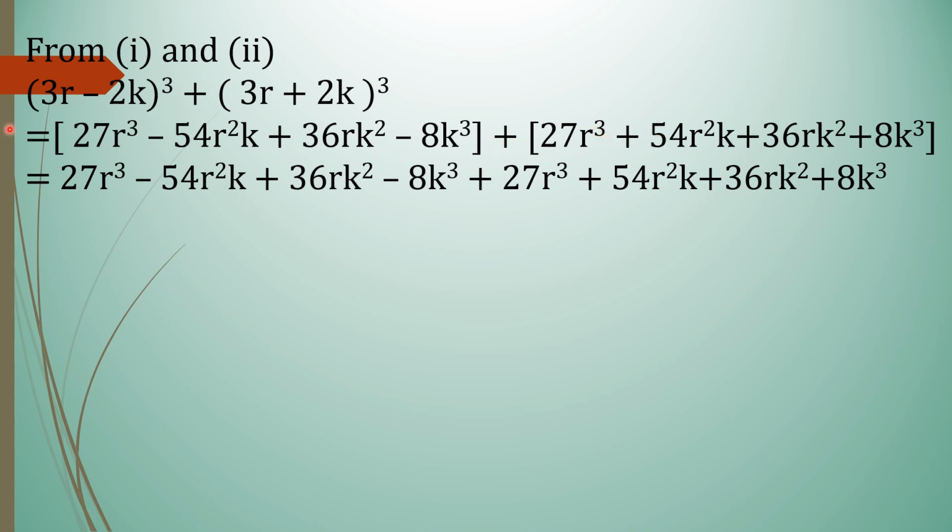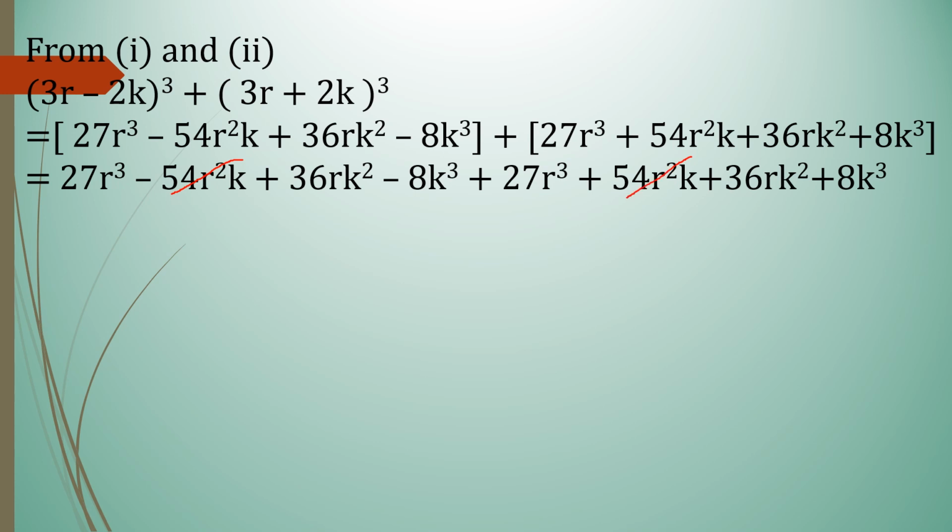Now students, you can see here 27 r cube and here also plus 27 r cube with the same sign, so they will add. Now here you can see minus 54 r square k and here plus 54 r square k, opposite sign. So students, they will get cancelled.